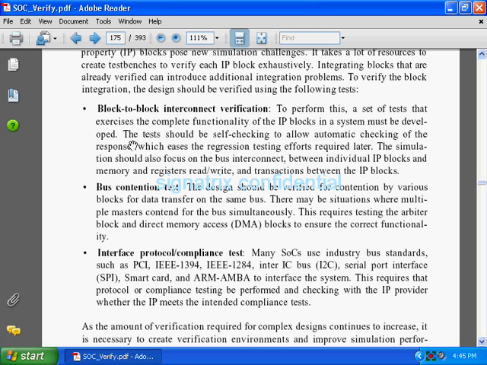Self-checking means automatic checking. You should develop an environment in such a way that it will perform automatic checking, like you are passing the expected response along with the test case itself. So your DUT will calculate some results and give you the result, and you just need to cross compare.